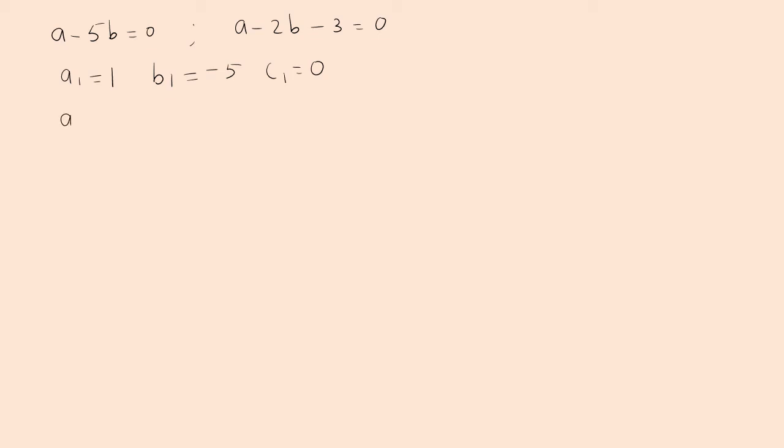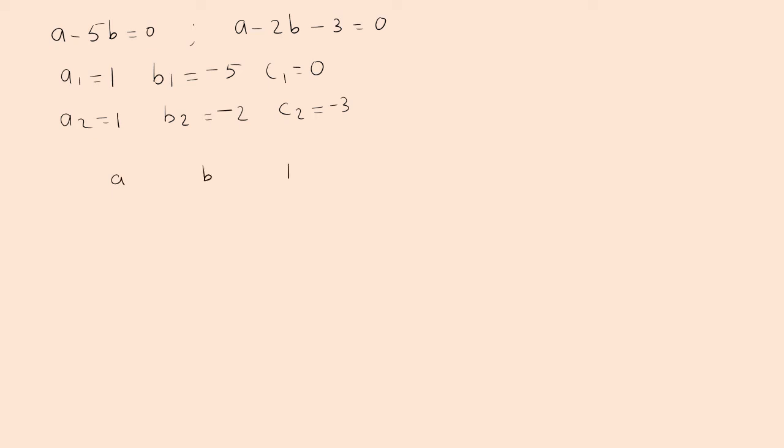Same way, a2 equal to 1, b2 equal to minus 2, and c2 equal to minus 3. Now you have to find the values of a and b by cross multiplication method. So we are using the 2 3 1 2 rule. First you write the variables, that is a, b and 1.